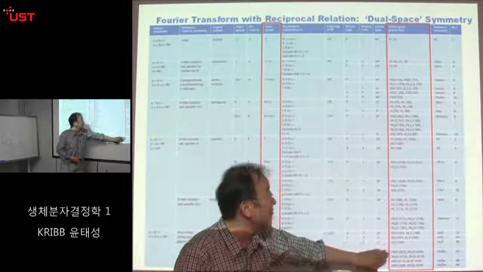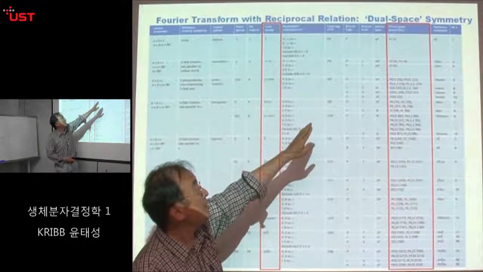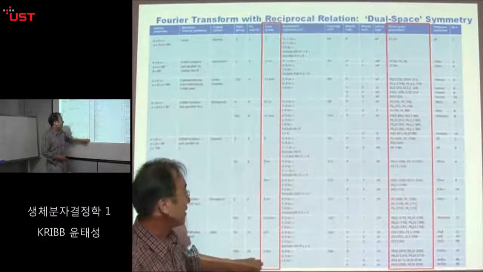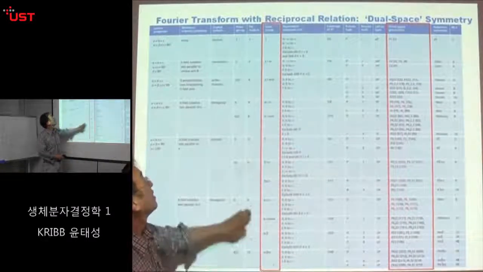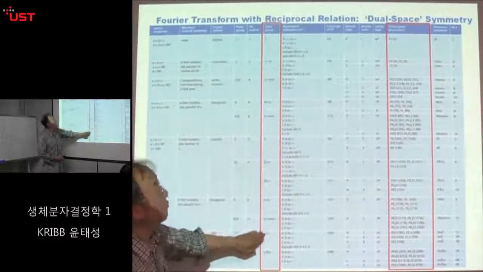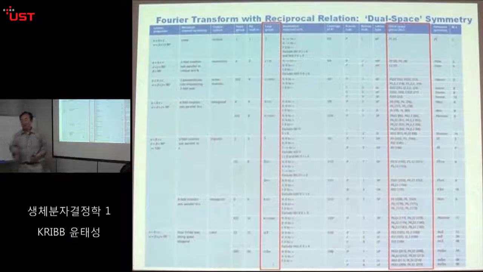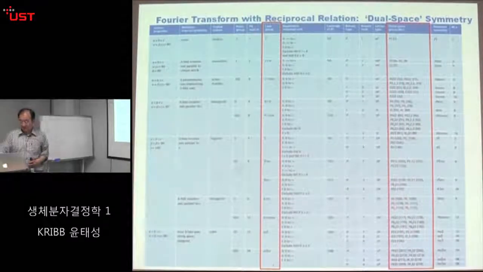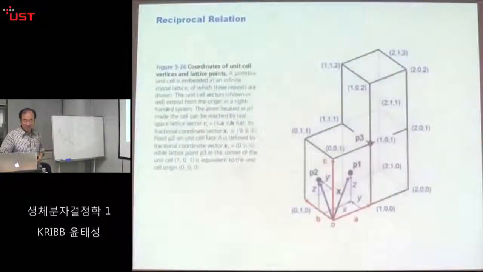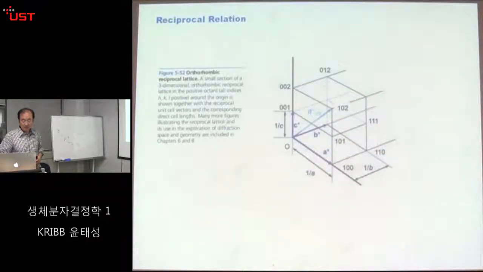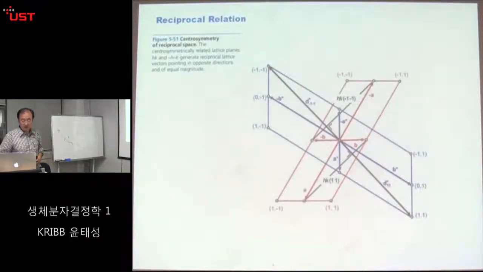Crystal symmetry, we have P1 as a starting point. Diffraction symmetry is not 1, but 1 bar. That's what is explained here. Central symmetry, I forgot. Yes.